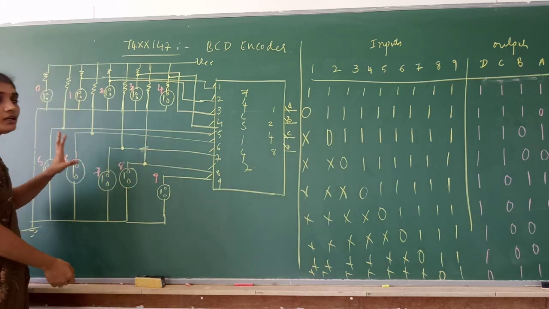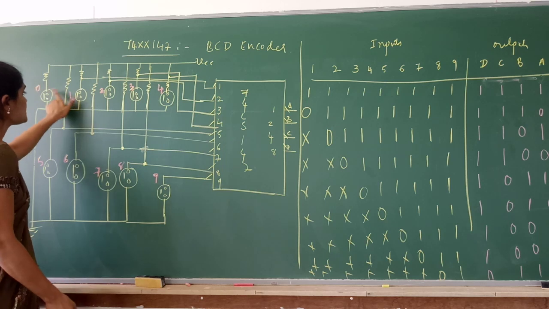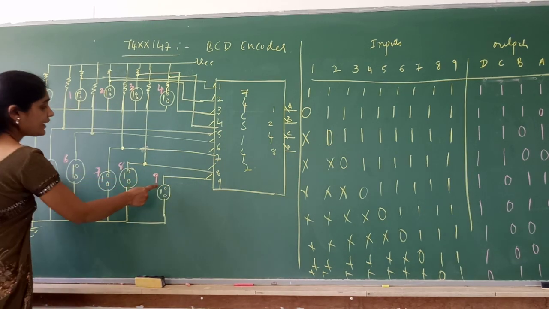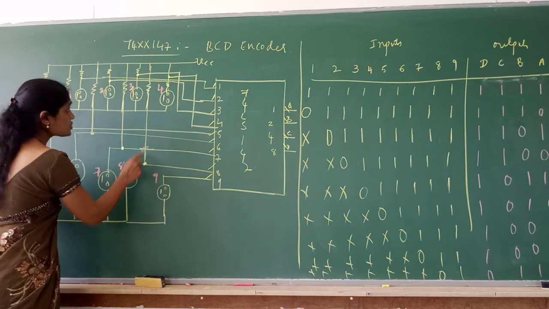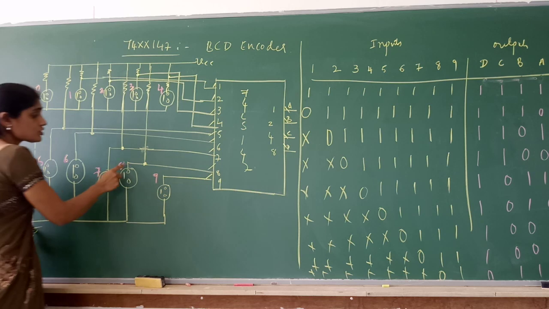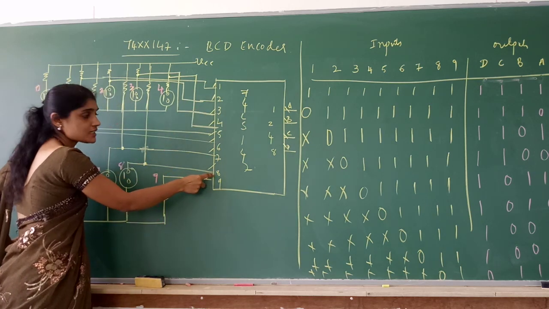So for example, the working of this circuit is, just have a look here, these are the switches 1, 2, 3, 4, 5, 6, 7, 8, 9. One end of the switch is connected to VCC and one more end is connected to ground. That particular line is connected to the input pin of 74XX147.